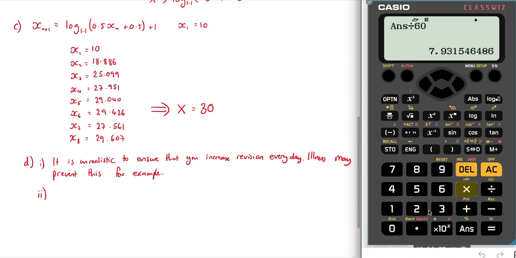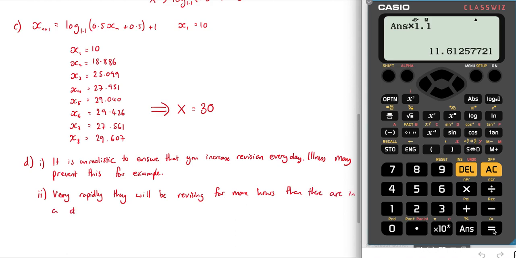And then if we increase that by 1.1 again, 8 hours, 9 hours, very rapidly. We're going to say very rapidly. They will be revising for more hours than there are in a day.